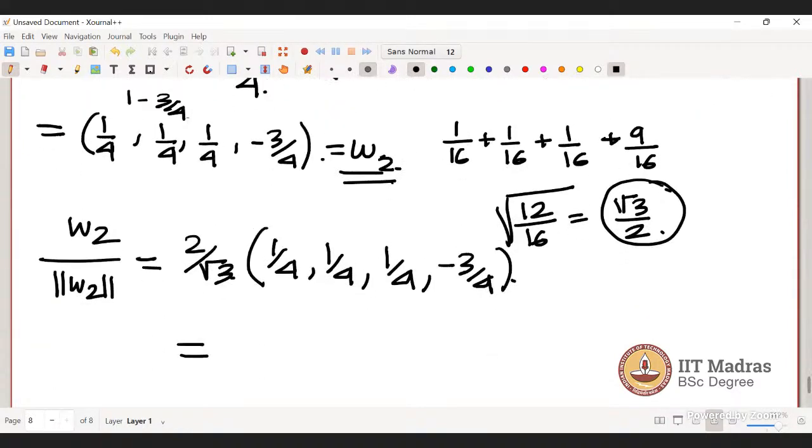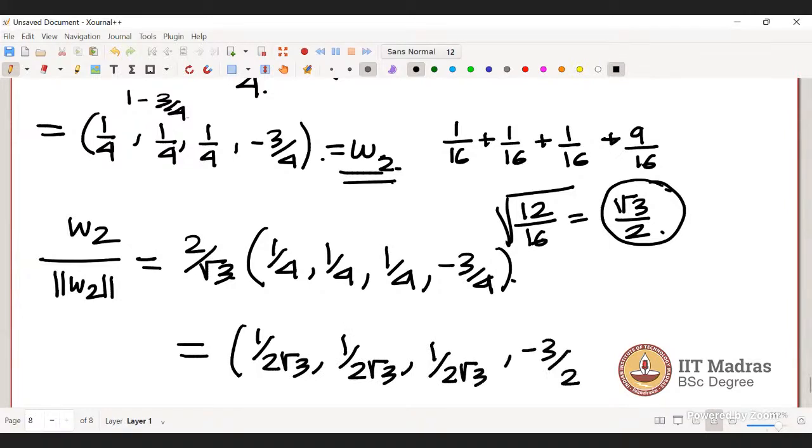This is nothing but 1 by 2 root 3, 1 by 2 root 3, 1 by 2 root 3, minus 3 by 2 root 3, right? Yes, sir. This is U2.